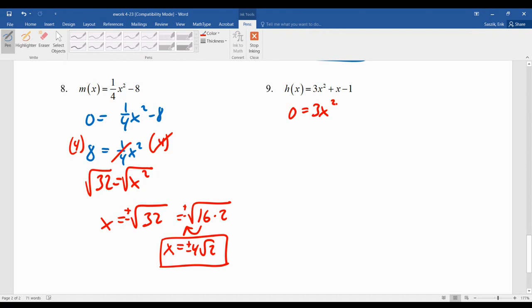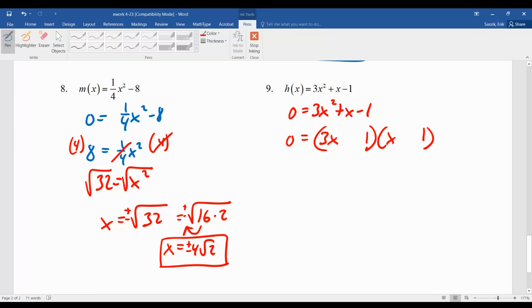Now here, if you realize, folks, if you try to factor this, the only factor pair of 3 is 3 and 1. The only factor pair of 1 is 1 and 1. This gives me 1x and that gives me 3x.